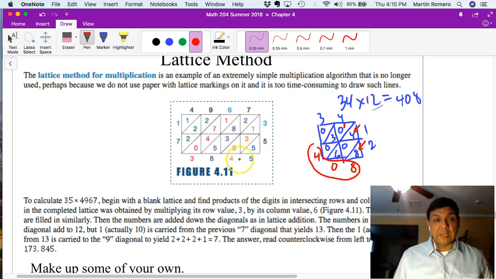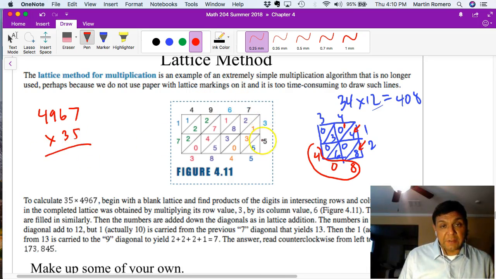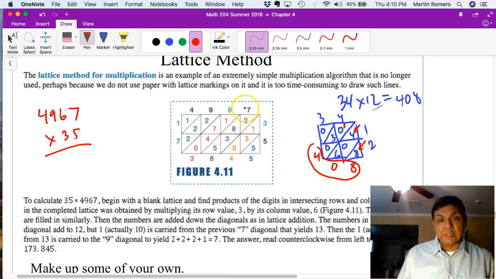And so there's a situation here. What you see represented here is 4967 times 35. Draw your rectangles or lattice. And you can see, just multiply and fill in your 2 digits.